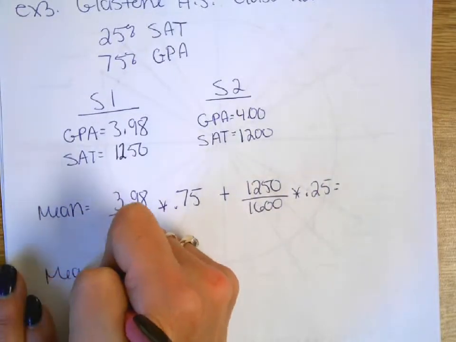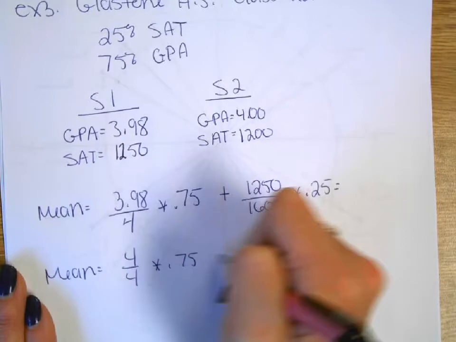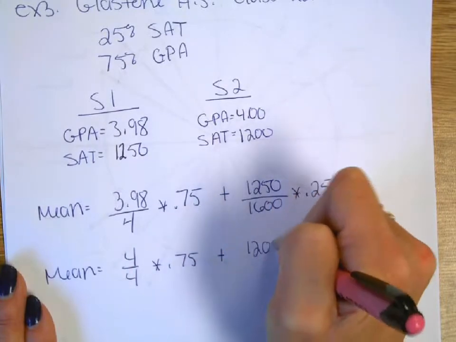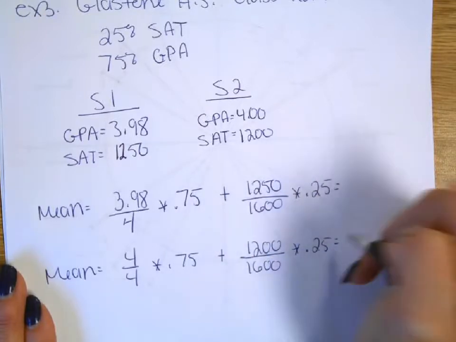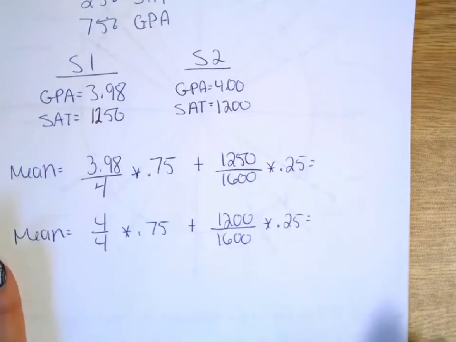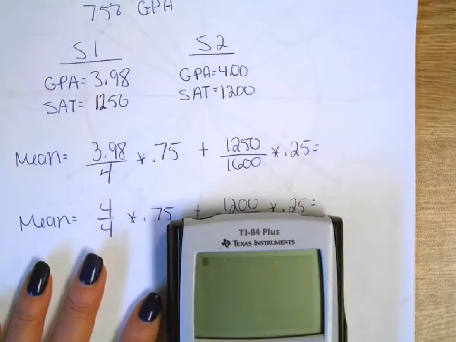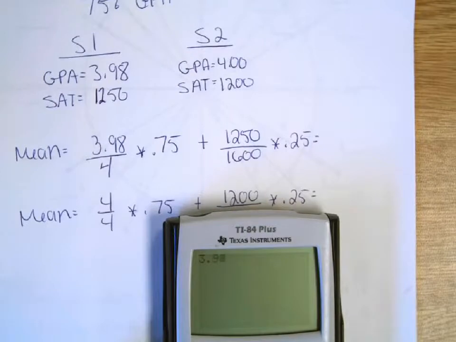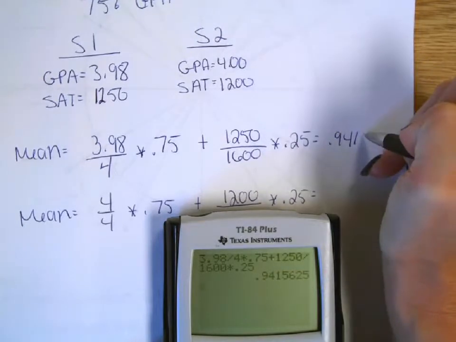For student 2, I'll do the same thing. 4.0 out of 4 times 0.75. And then 1200 out of 1600 times 0.25. Let's see who's going to rank higher here. So, 3.98 divided by 4 times 0.75 plus 1250 divided by 1600 times 0.25. 0.9416.